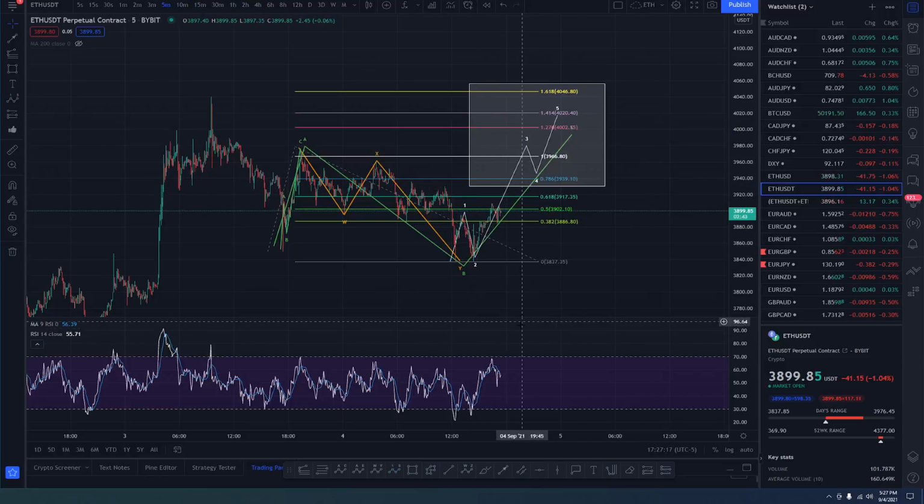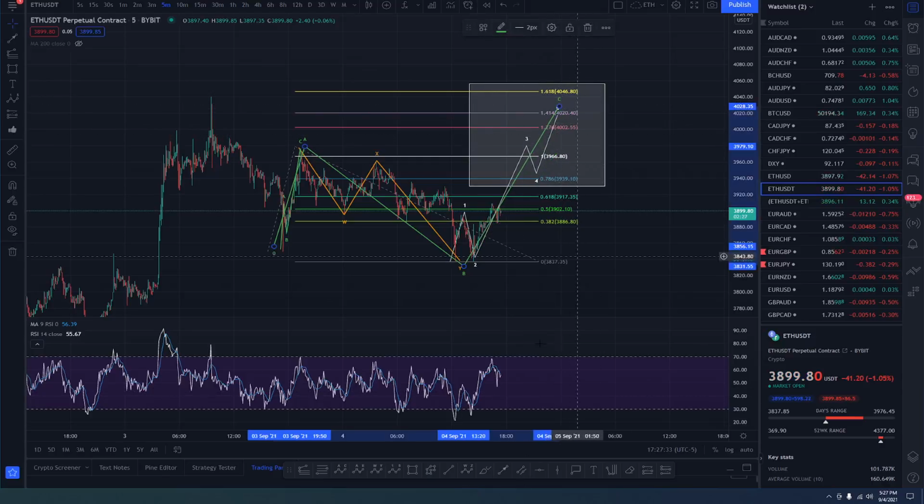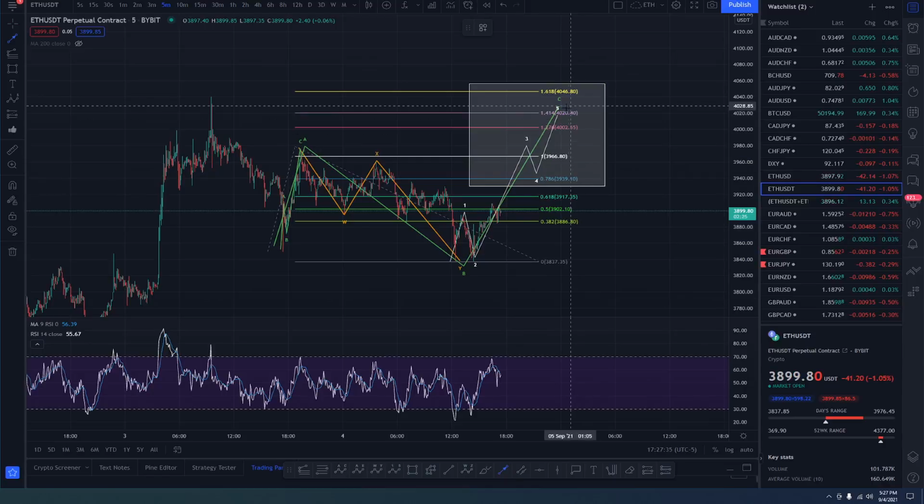Means we're probably going to get over here and get overbought, pull back and then do one more, giving us a divergence. Guess what I'm going to do when I see that divergence? I'm going to short it. At least that's my plan now.